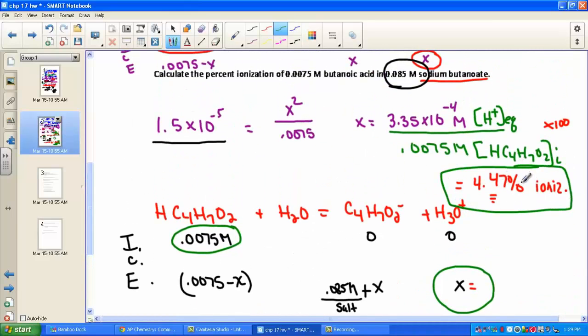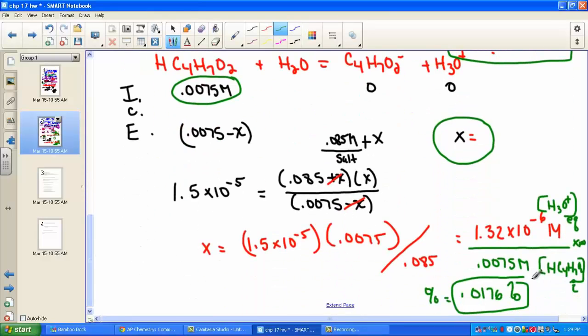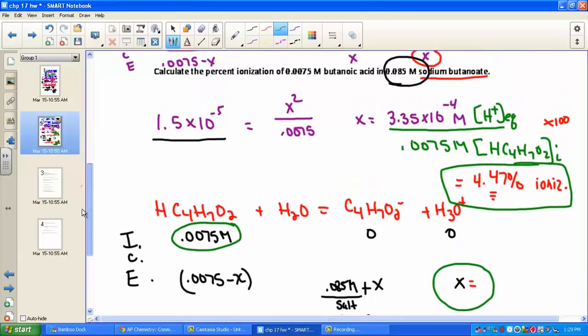Without the common ion, 4.5% ionized. With the common ion, less than 1% ionized, reinforcing the common ion effect in words that we had written for our first question. When we add a stress, the stress is increasing the conjugate base of this weak acid.